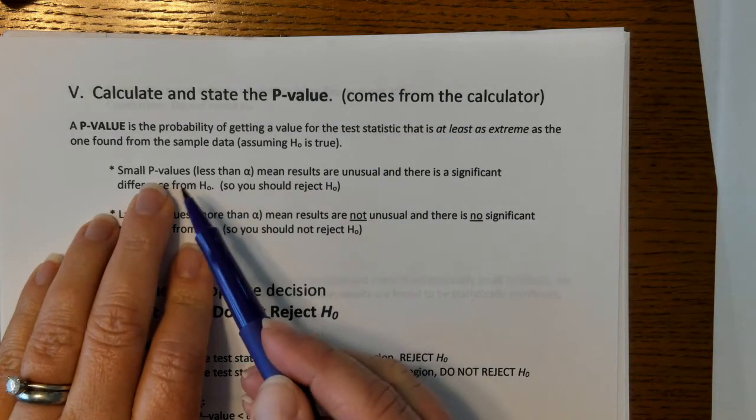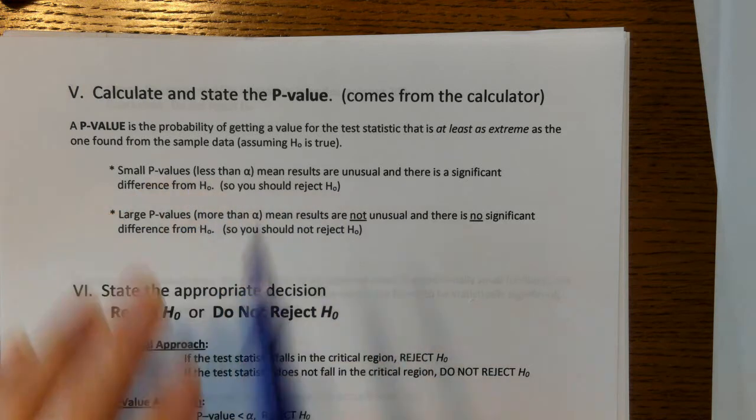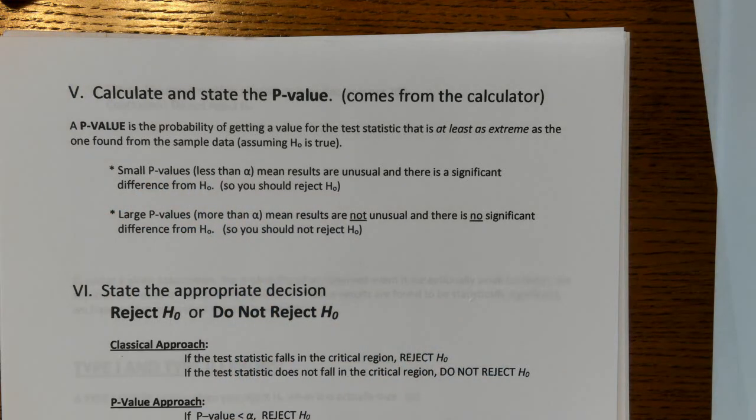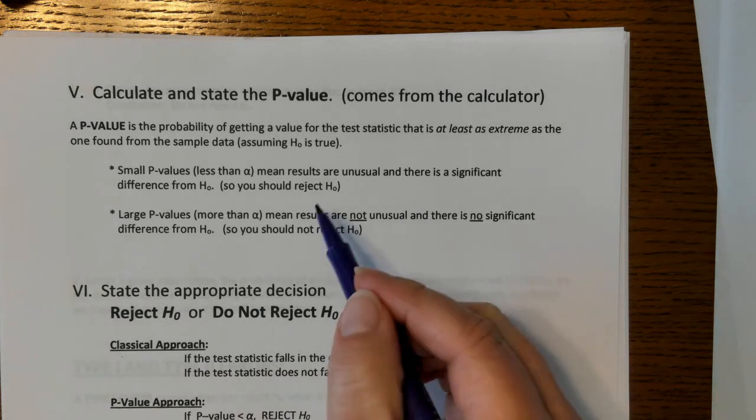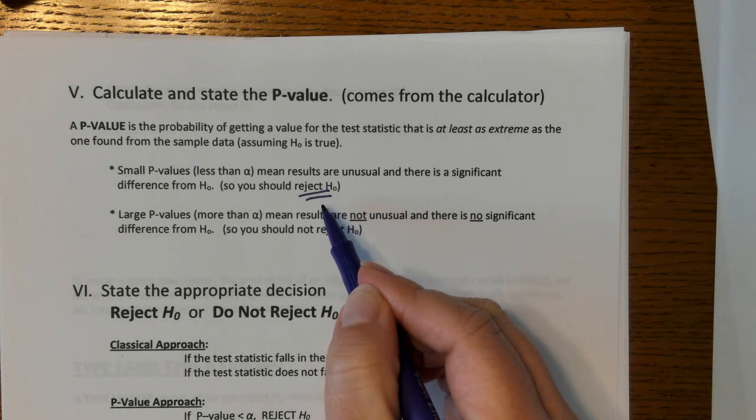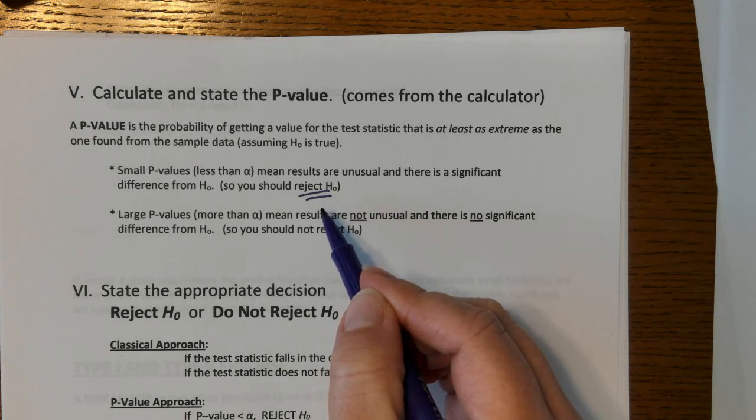If you have a small p-value, that means there is a very low probability that you would have gotten data with that particular value. So that means, you know what, we don't really believe this null hypothesis. We're going to reject it, okay?